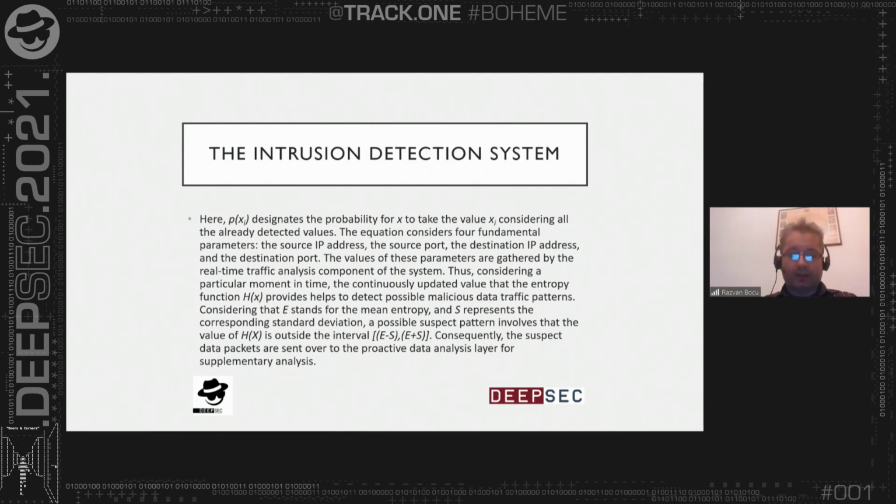Furthermore, speaking about the math and the algorithmic that stands behind the detection process, considering that E stands for the mean entropy and S represents the corresponding standard deviation, a possible suspect pattern involves that the value of the entropy function H of x is outside the interval that you see here, E minus S, E plus S. So if this condition is met for some potentially suspect data packets, they are sent over to the proactive data analysis layer for supplementary analysis.